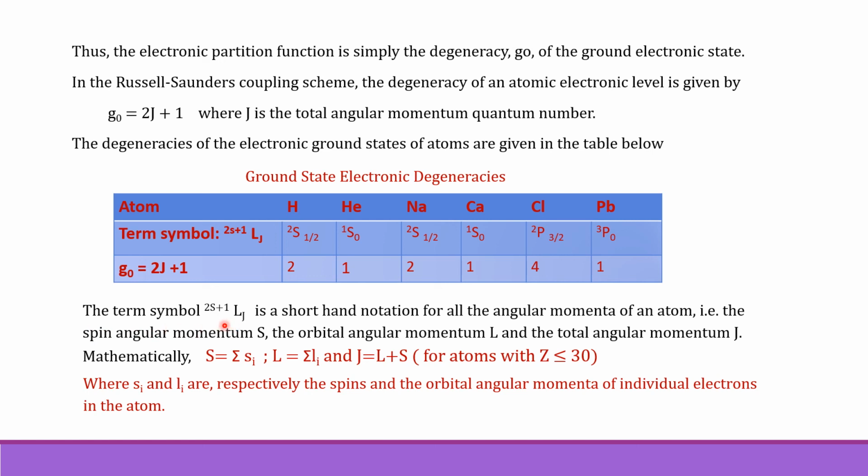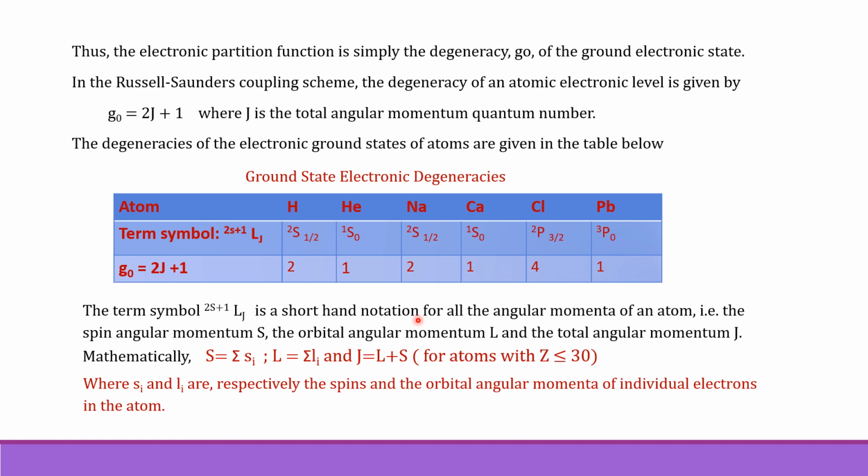The term symbol 2S plus 1 L_J is a shorthand notation for all the angular momenta of an atom, that is the spin angular momentum S, the orbital angular momentum L and the total angular momentum J. So what does this term symbol represent?